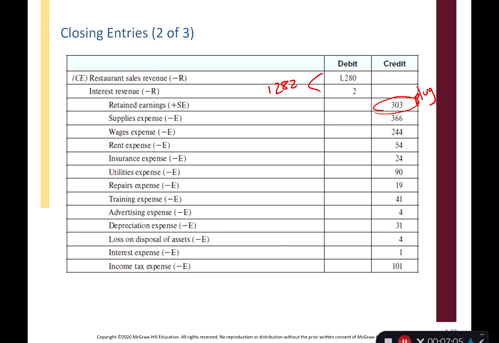And then we would add up all of our credits. And the difference would be the amount that we put into the retained earnings account. So if we add up all of our credits, we end up with a total of $9.79. And then to make debits equal credits, the difference between the $12.82 and the $9.79 is our $3.03 plug that goes into retained earnings.